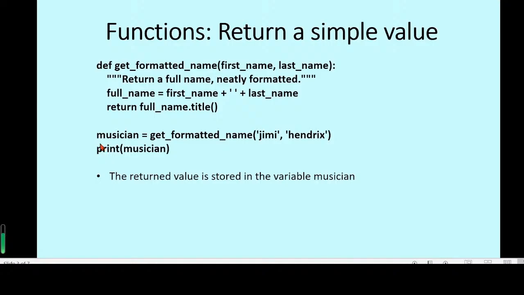So when we call this function get formatted name with input information for first name and last name, the return value of this full name's title form will be saved back to musician. Then next, we can print this musician.